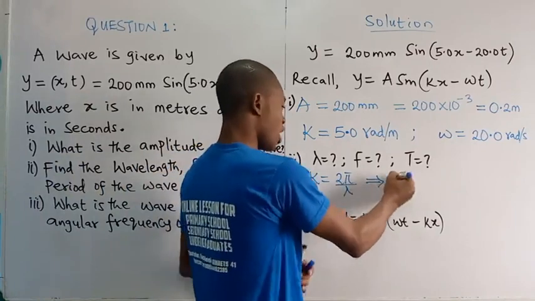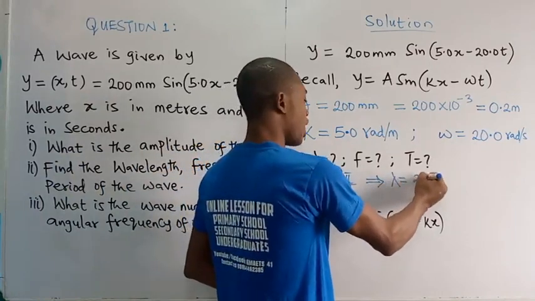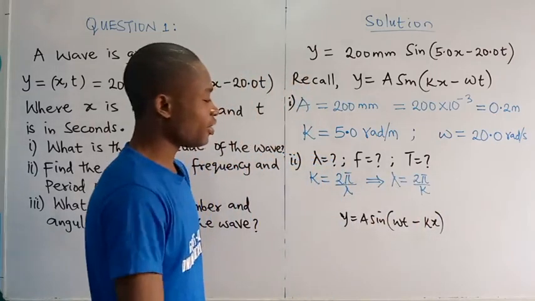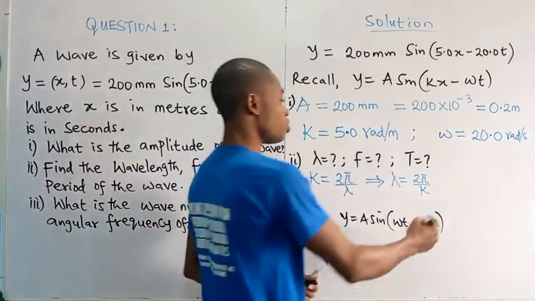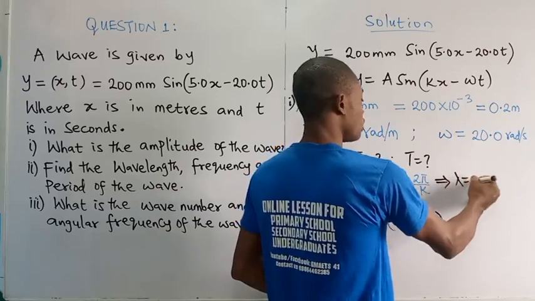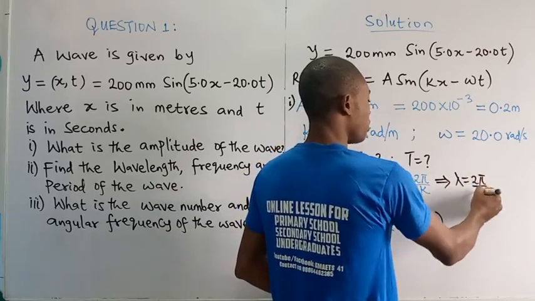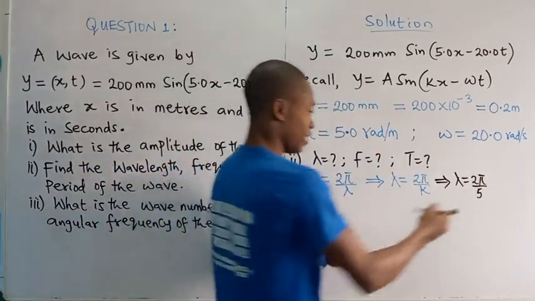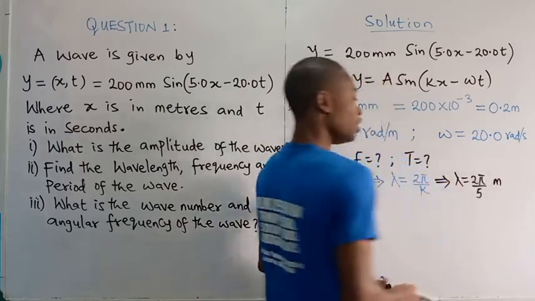So the implication is that wavelength is equal to 2 pi divided by k. So let us substitute and see. The implication is that the wavelength is equal to 2 pi divided by the wave number k, which is 5.